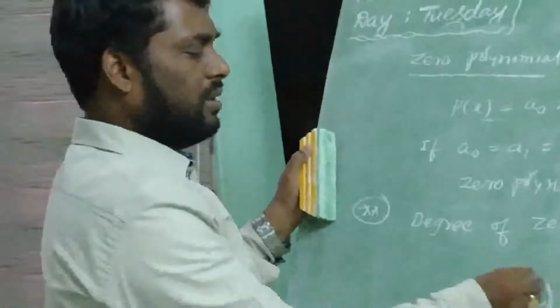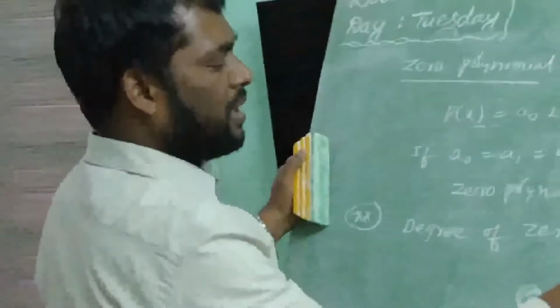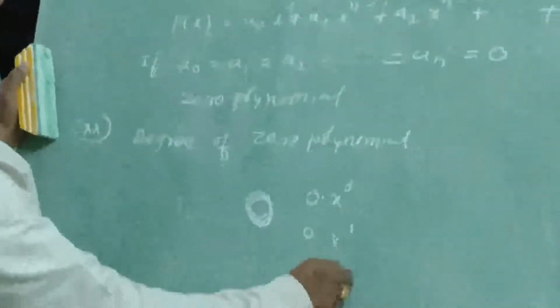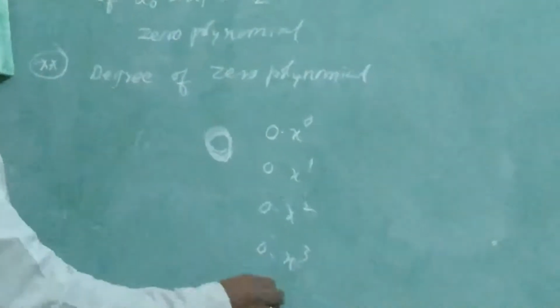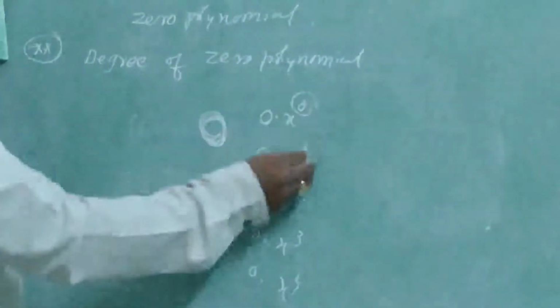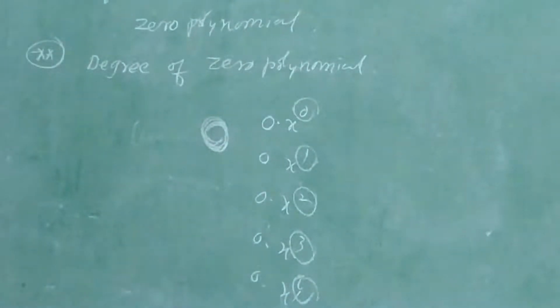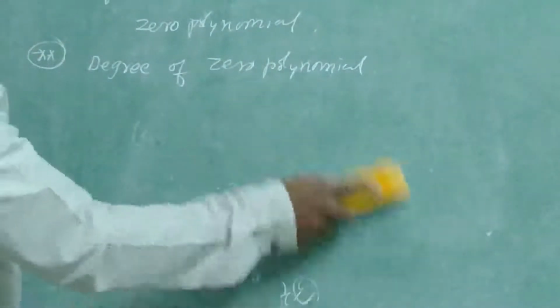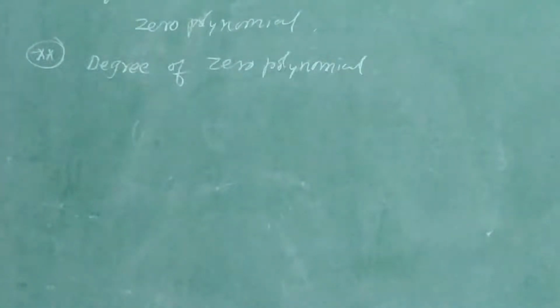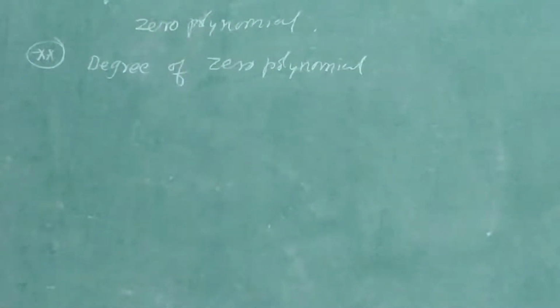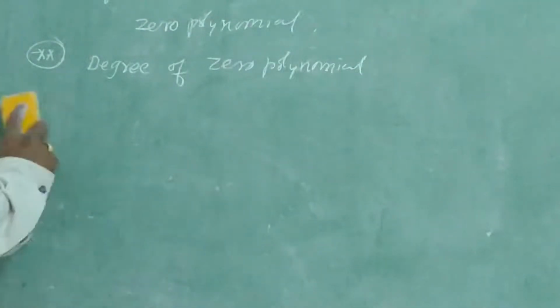We cannot determine the degree of 0, because 0 can be written as 0 into x power 0, 0 into x power 1, 0 into x square, 0 into x cube, 0 into x power 4. These are the degrees. Which one do you take as the degree? We cannot determine. So the degree of a zero polynomial is not defined. This point is very important in competitive examinations.